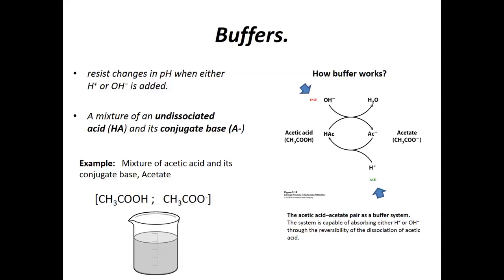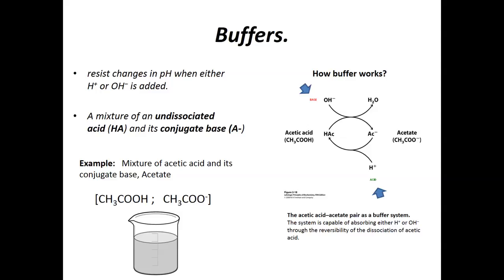Because the base, the OH-, will try to take on the proton, and then the pH goes up. What happens is the acid that is here will give up its proton, and the hydrogen will end up with the hydroxide you just added to form water, okay? So when that occurs, the proton concentration will not change, because this guy gave up his proton to compensate for the hydroxide you added. Does that make sense?